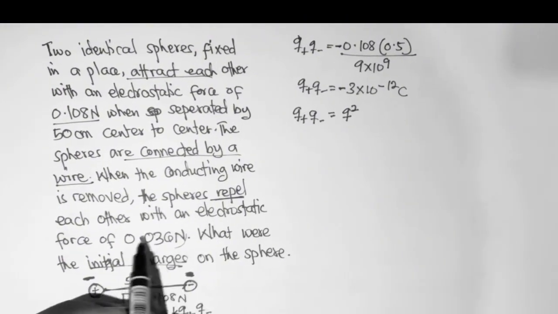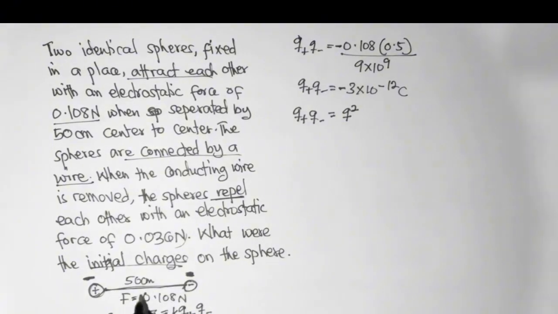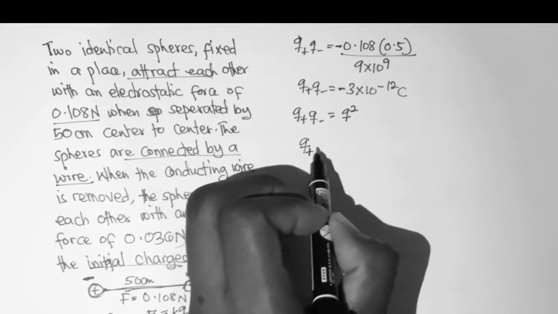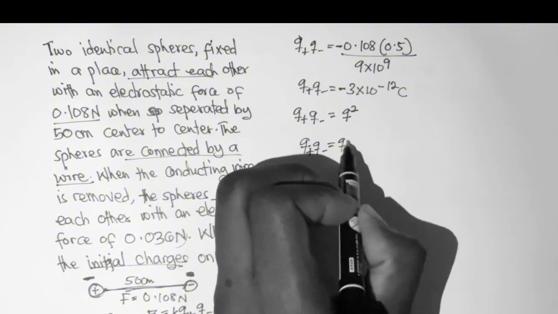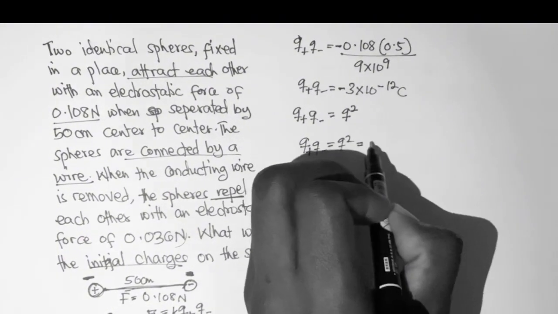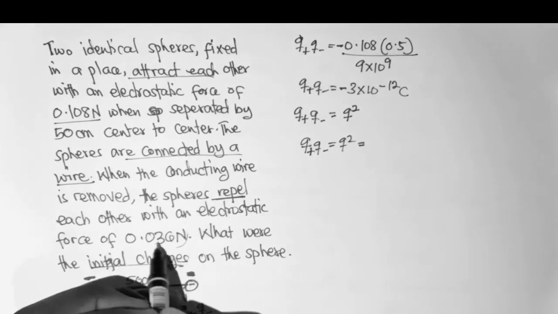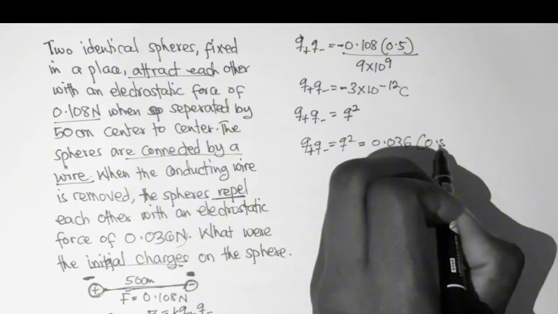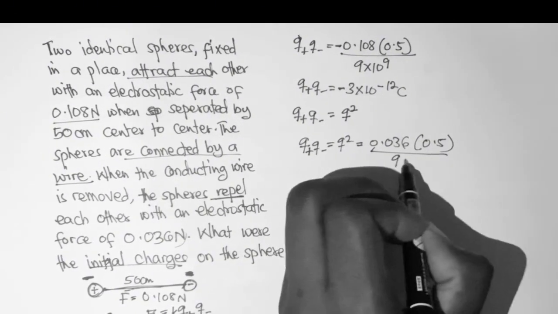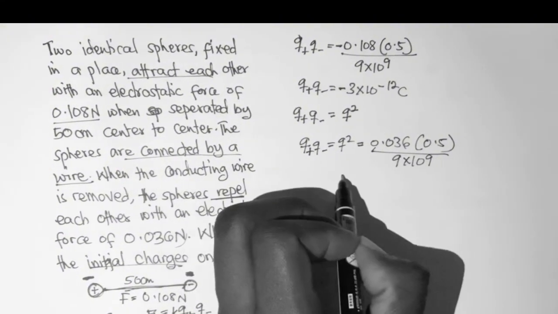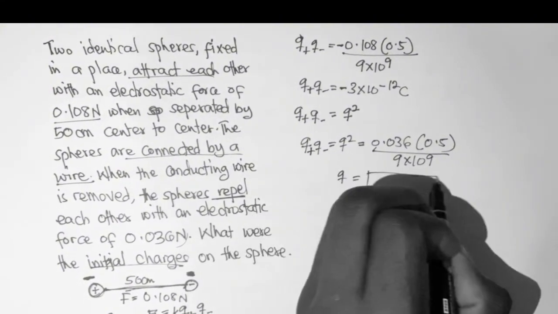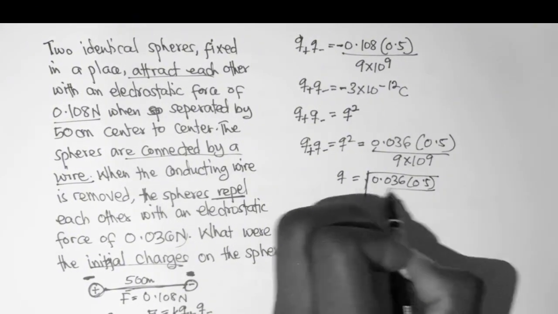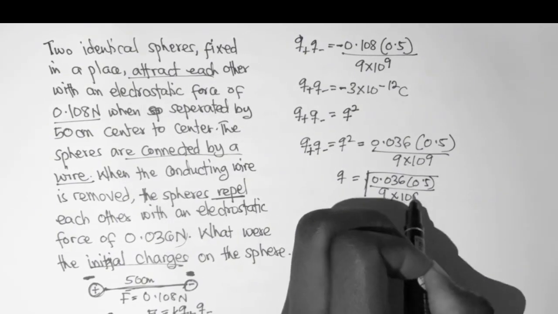It's now a positive 0.036 newtons, but the distance remains the same. So Q squared is equal to the force, 0.036, times the distance between them, 0.5, divided by the constant 9 times 10 exponent 9. So Q is equal to the square root of 0.036 times 0.5 divided by 9 times 10 exponent 9.